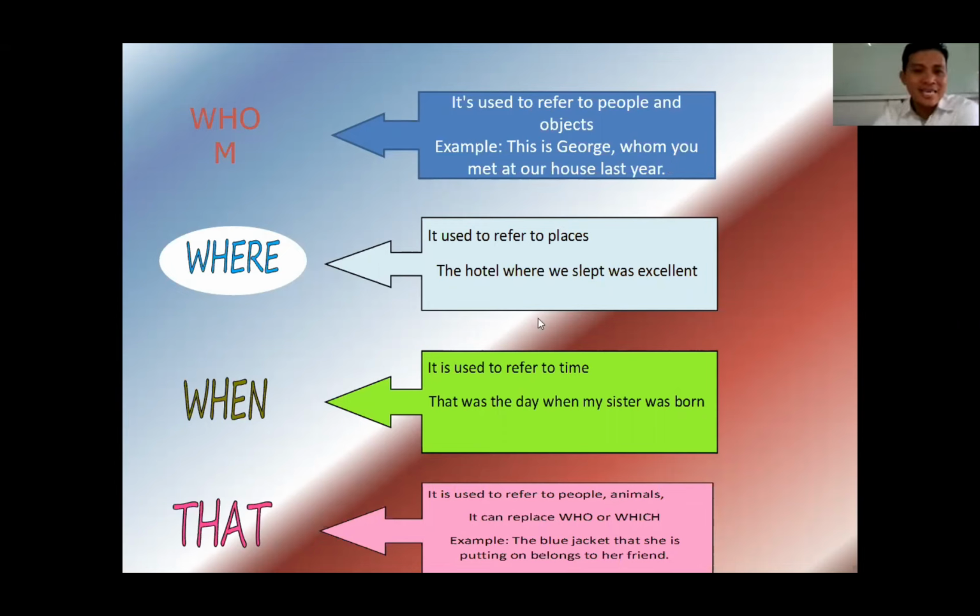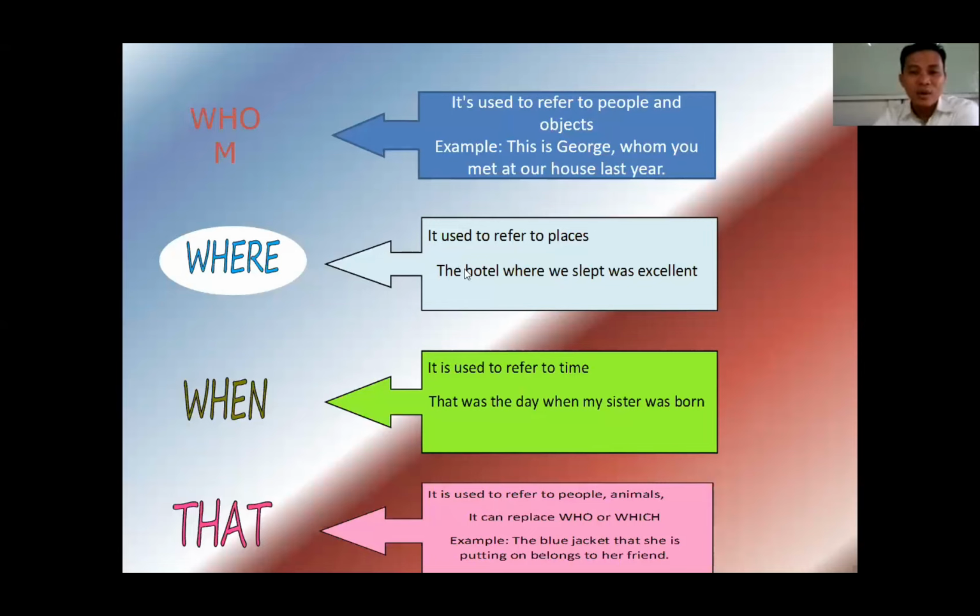Okay, the next is where. I think everybody knows how to use where. Where refers to places, right? The hotel where we slept was excellent. The hotel was excellent, but we need more information: which hotel? The hotel where we slept.